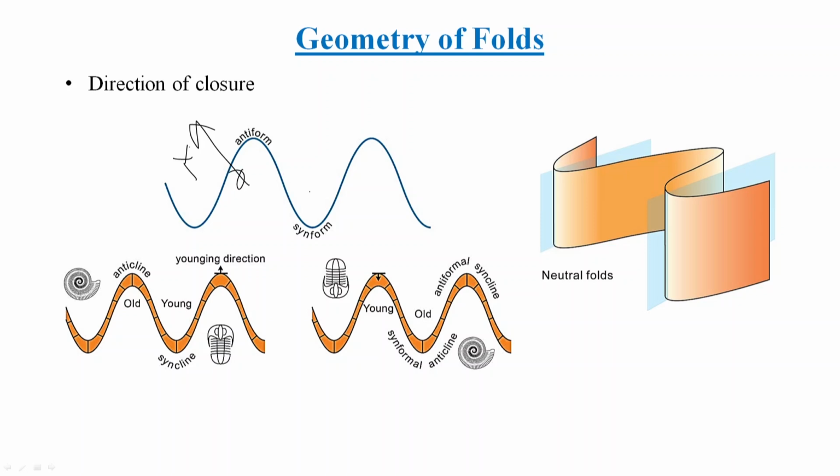Similarly, if you have older rocks here and younger rocks outside like this, they will be considered synformal anticline. So based on this terminology, you have antiformal anticline, synformal syncline, antiformal syncline, and also synformal anticline. Based on both the stratigraphy and the direction of closure, these four types of folds can be classified.